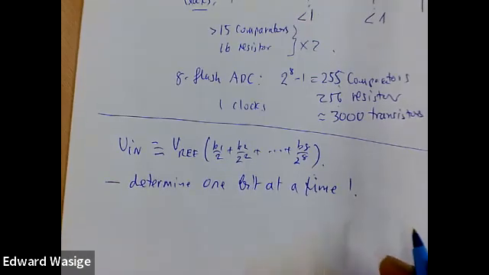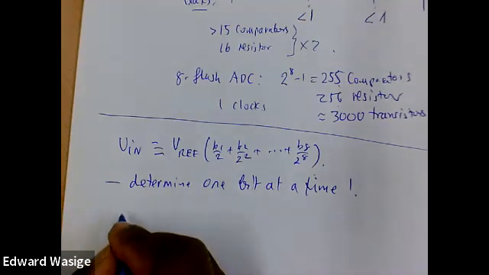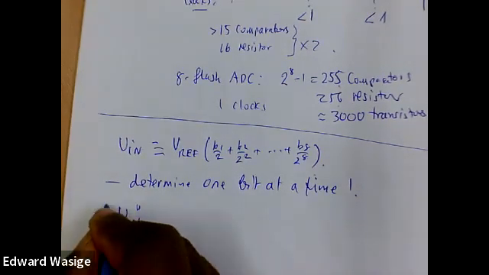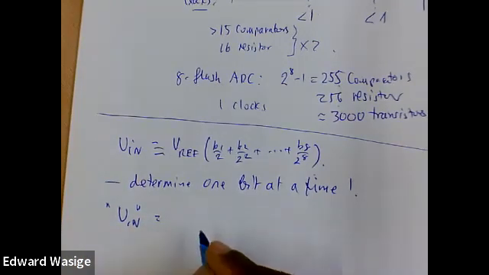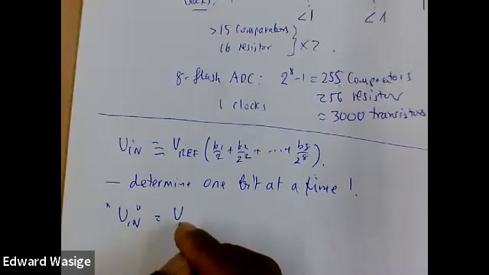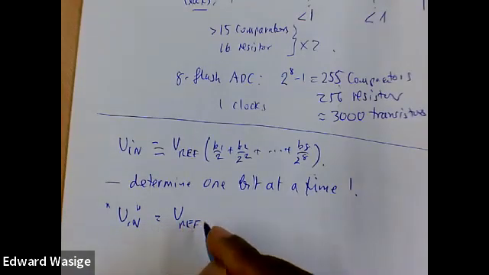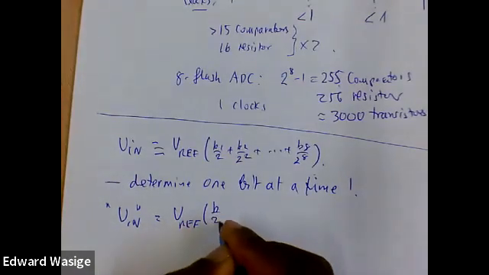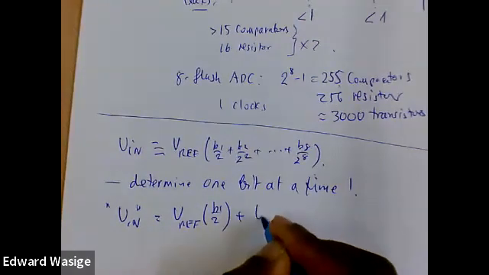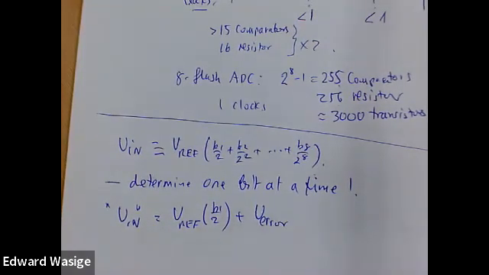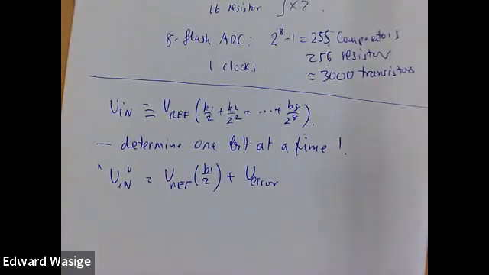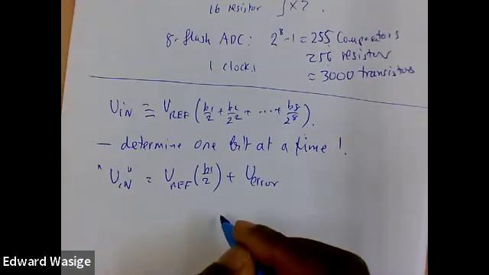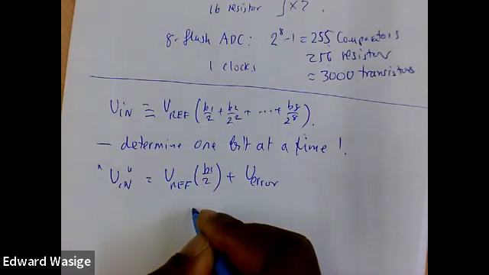To determine this 1 bit at a time, it means that Vin initially will be equal to Vref into B1/2 plus V error, just using the same derivation as we've just done.